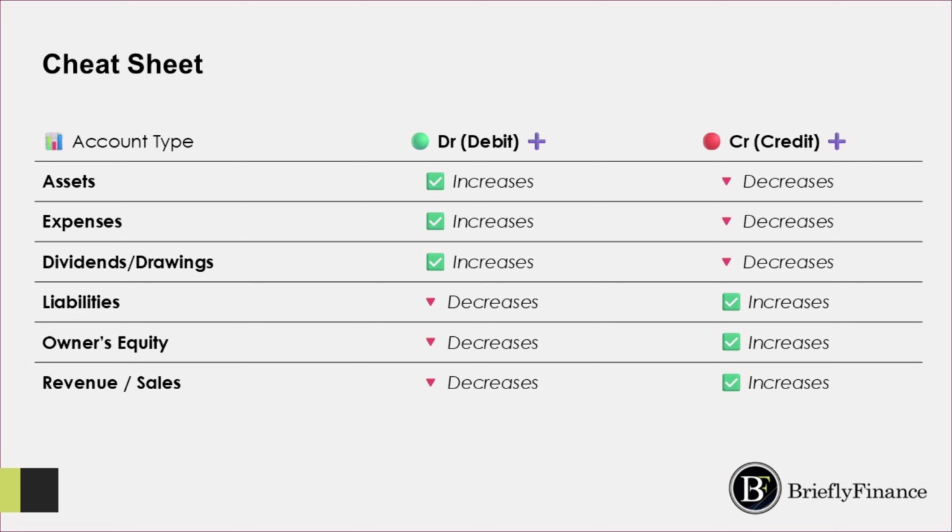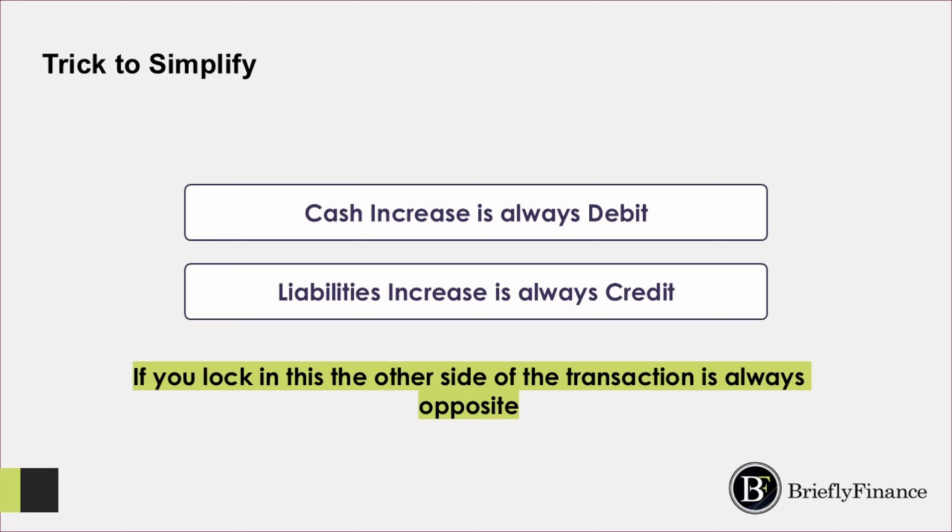But generally, when assets, expenses, and drawings or dividends increase, it's debit. When liabilities, owner equity, and revenue, because it's something the business owes, decrease, it's debited, and when they increase, it's credited.